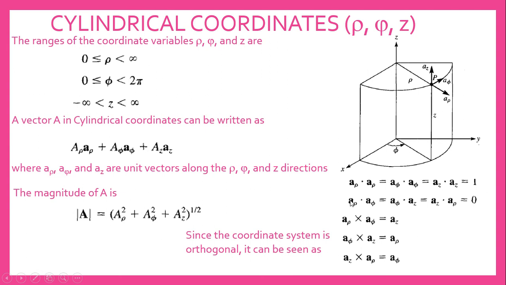And a rho dot the other axis, a phi or a z, you get 0 because the angle between them is 90 degrees. Cos 90 is 0. For the cross product, a rho cross a phi will be like i cross j equal to k. Likewise, you can get the other cross products.